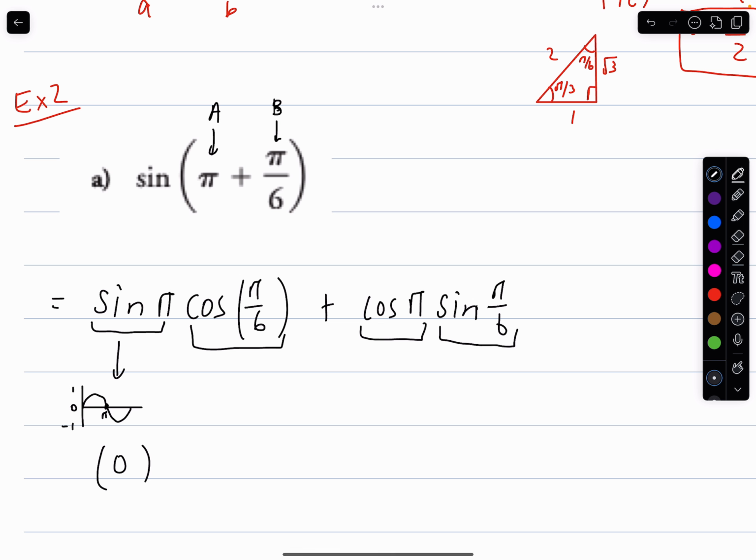For cos pi over 6, I'm going to use a special triangle where this is pi over 6, and then I have root 3 and 2. So cos pi over 6 is going to be root 3 over 2. Cos pi is in reference to the cosine graph, which looks like this.